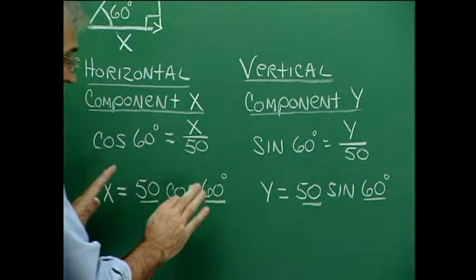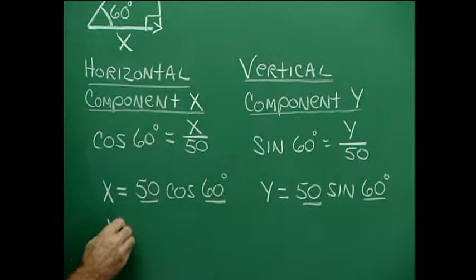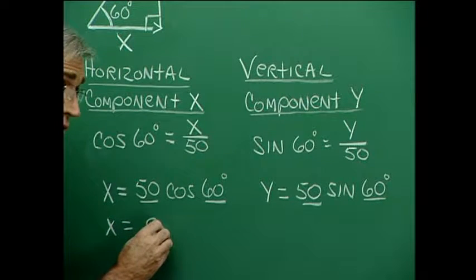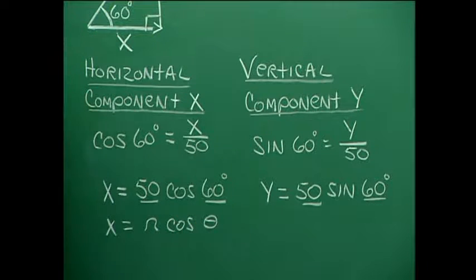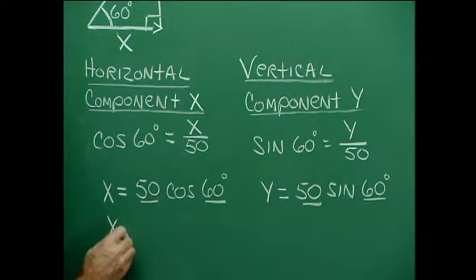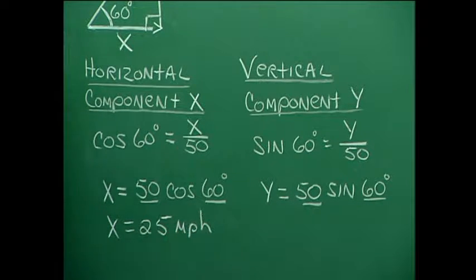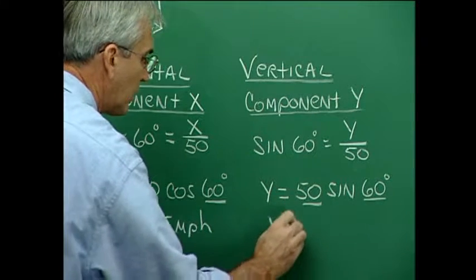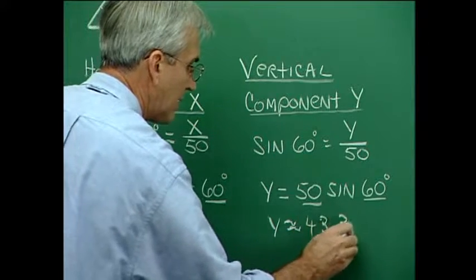And if I put labels on these general values here, then x would be r, often used for magnitude, times cosine of theta for a general angle. So that's the notion. Now, specifically, let's assign some numbers here because we're dealing with a specific problem, but 50 times cosine 60 degrees turns out to be 25, and that's 25 miles per hour. And then 50 sine 60 would be approximately 43.3 miles per hour.